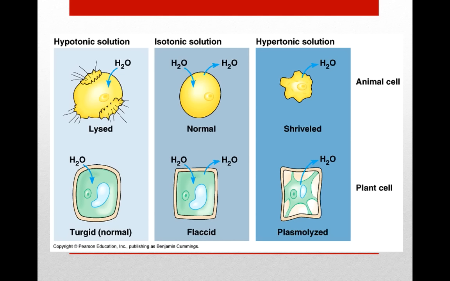So again, here's my hypotonic solution. I'm looking at this first one, hypotonic solution. The water will go into the cell, and this top row is an animal cell. Having some technical difficulties here.